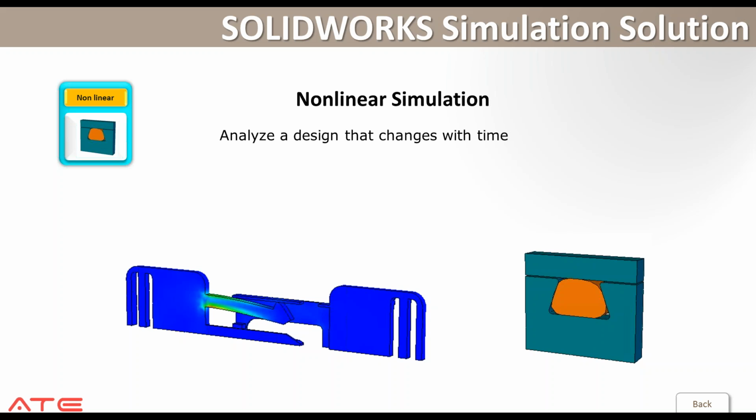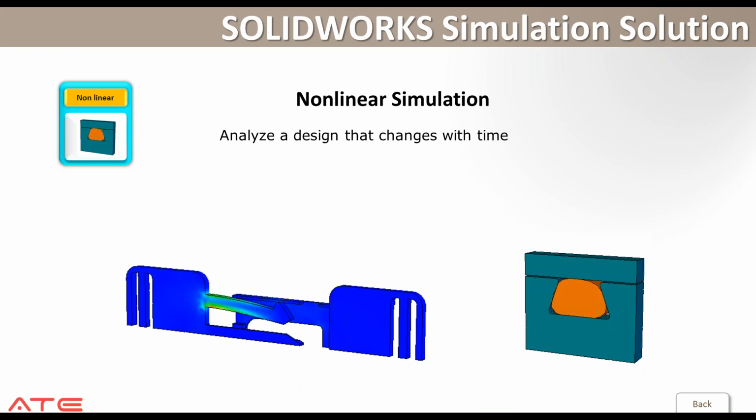The third type is structural nonlinearity. For certain components, such as a rubber ruler or a plastic ruler, when you load it at one point and it reaches a certain point, you will notice that the load direction has changed.